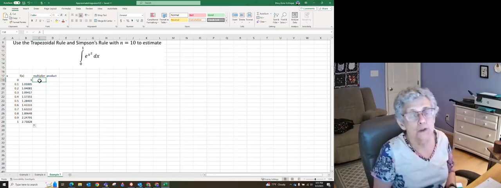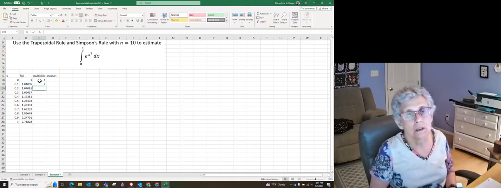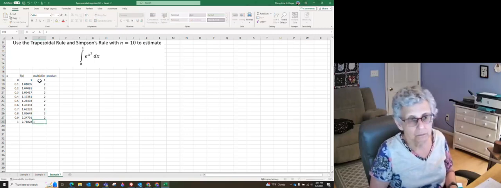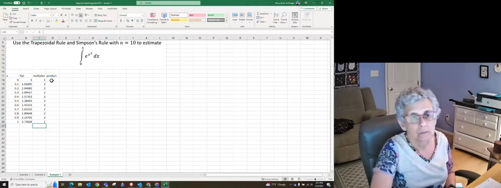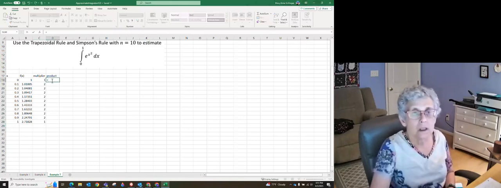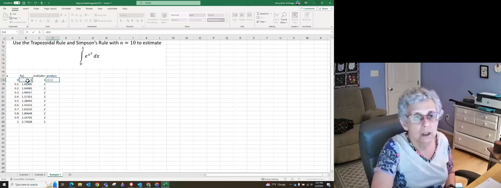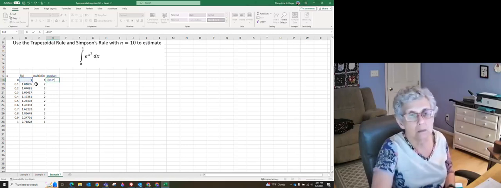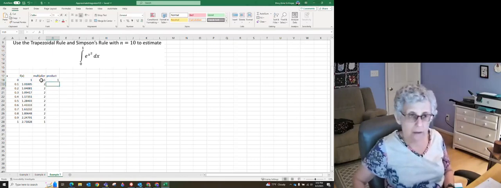That means our multipliers are going to be 1, 2, 2, 2. Our product is going to be equal to f of x times the multiplier.